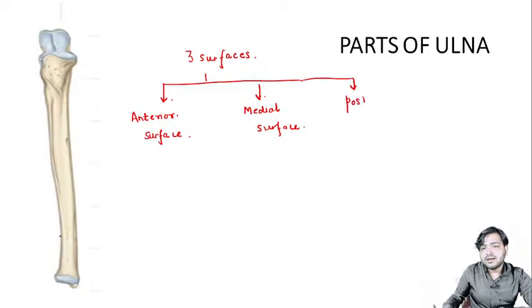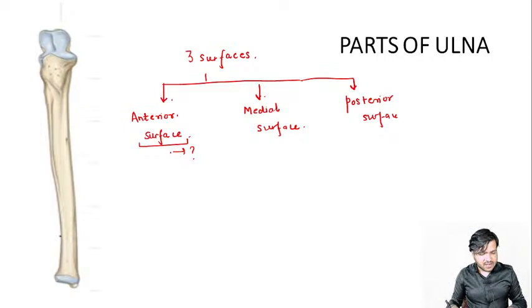Now you guys are going to answer me the surfaces. So tell me, the anterior surface will be present between two borders. Name those two borders, guys. In the chat box, फटाफट से fastest finger typing जो कर सकता है. I want the answers.